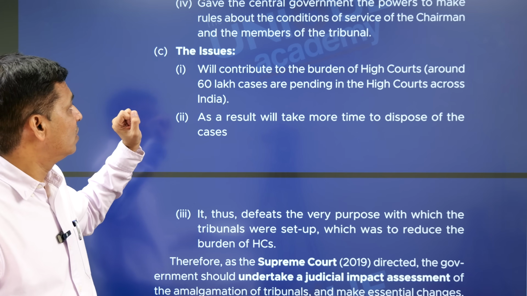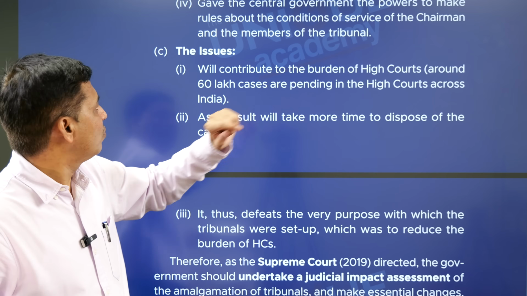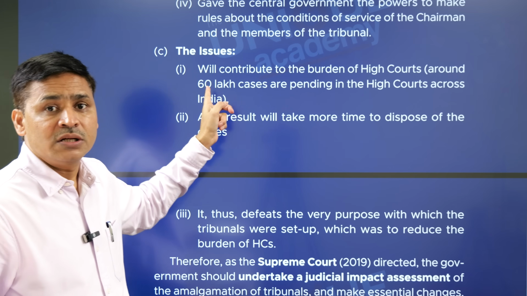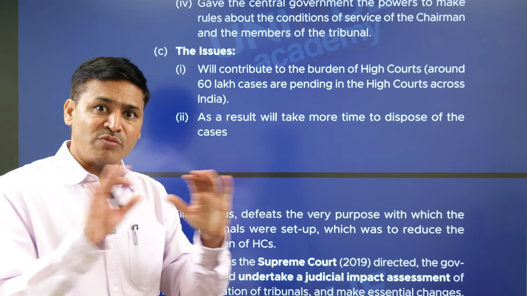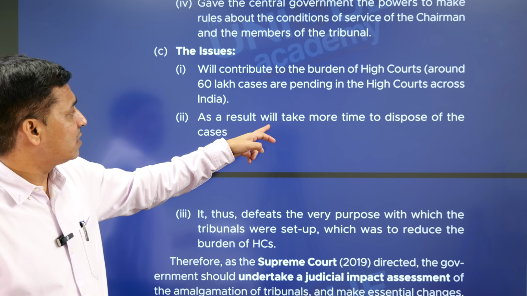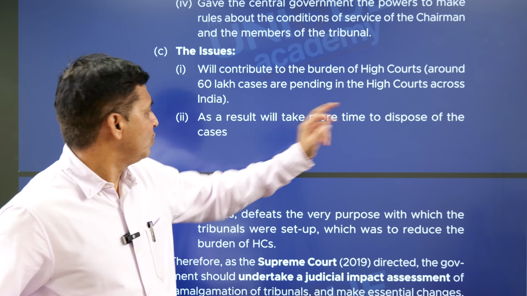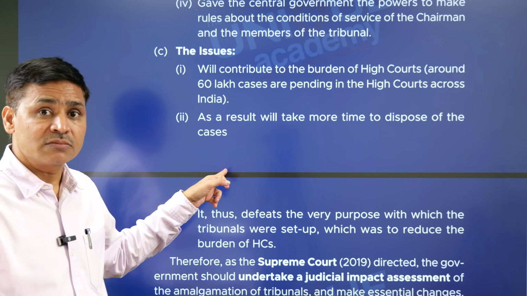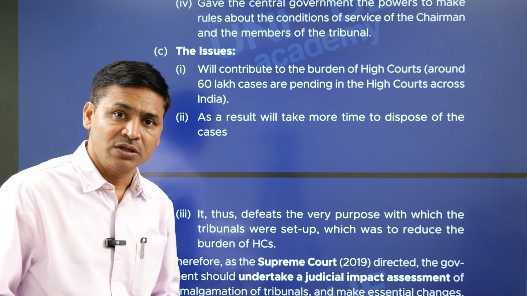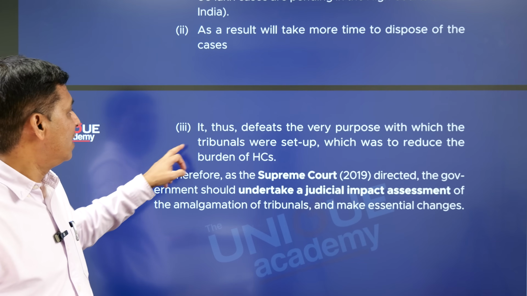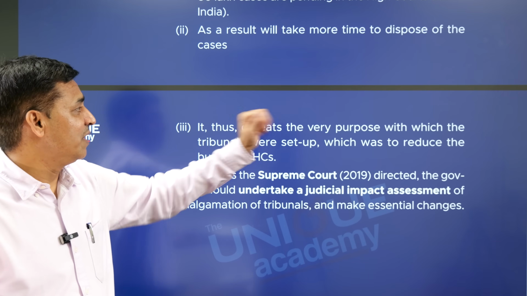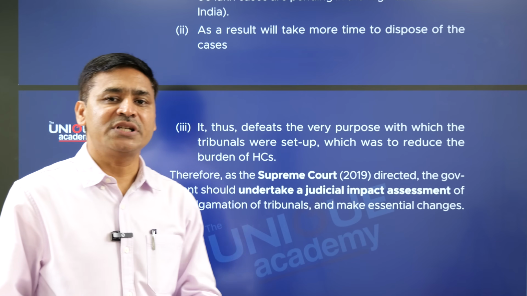Now, what are the issues? It will contribute to the burden of high courts, and look at the pending cases. The figure is 60 lakh from across the high courts. As a result, it will take more time to dispose of the cases. Because if you add to the burden of the high courts, then it is obviously going to take more time, and then it defeats the very purpose with which the tribunals were set up.